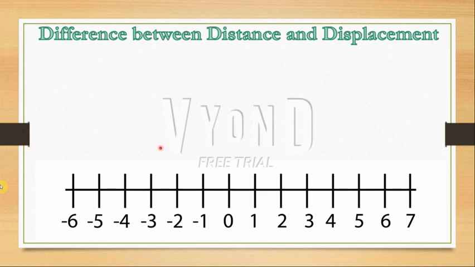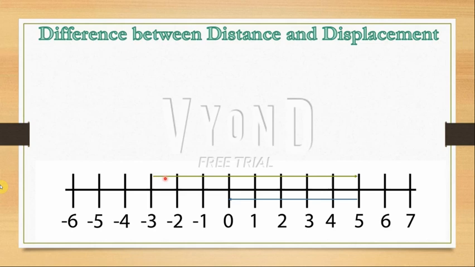Another example. Let's say that we have an object that starts to move from point -3 to point 5. Then this object returns back from point 5 to point 0. We need to calculate the distance and the displacement. Let's start with the distance. The distance is the total length covered by the object.